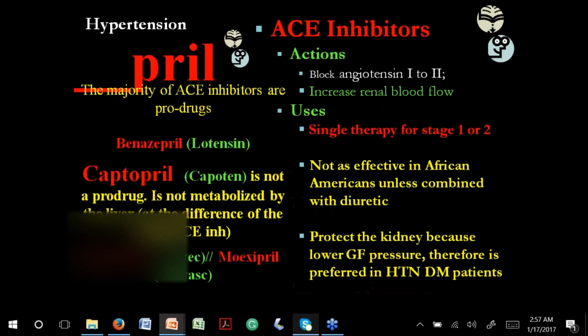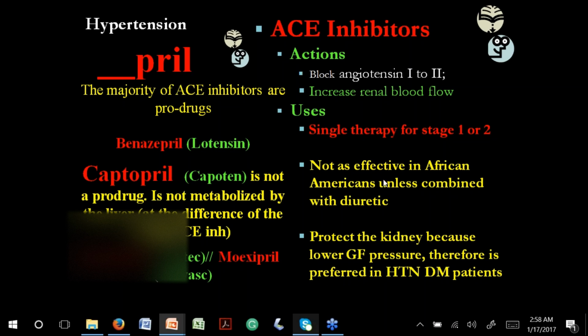Here we have the ACE inhibitor protecting the kidney because it lowers glomerular filtration pressure. Therefore, it's preferred in hypertensive, diabetes mellitus patients.